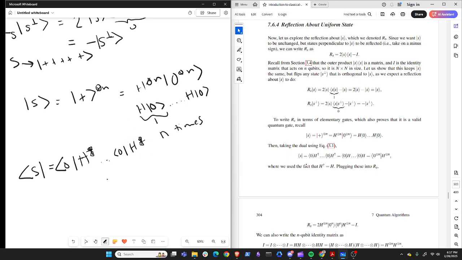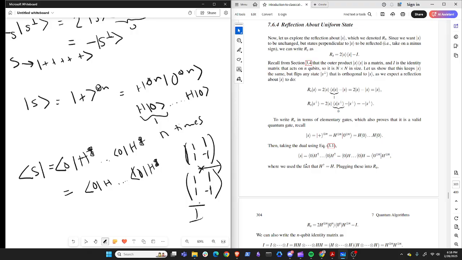And this winds up equaling bra 0 H, ket 0 H. The conjugate transpose of H, so 1, 1, 1, negative 1, is simply 1, 1, 1, negative 1, which is why H is unitary, because the product of these two simply equals the identity matrix.